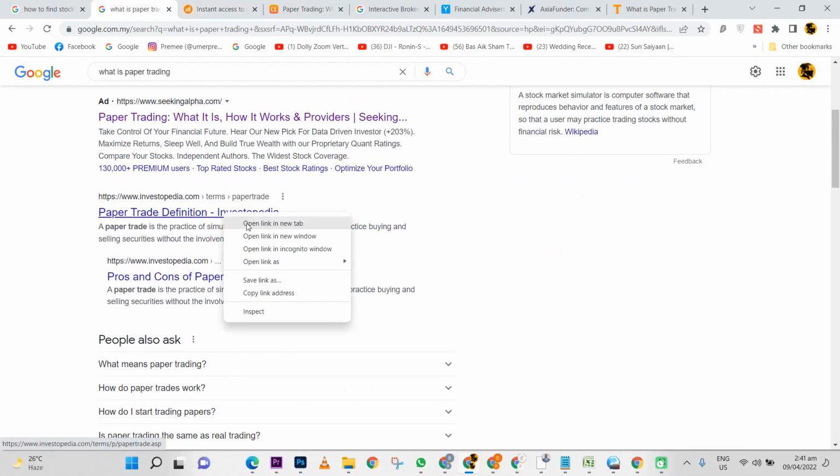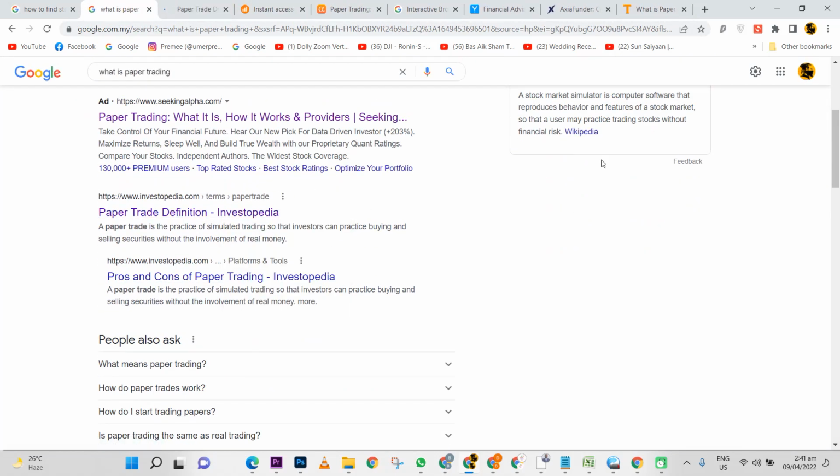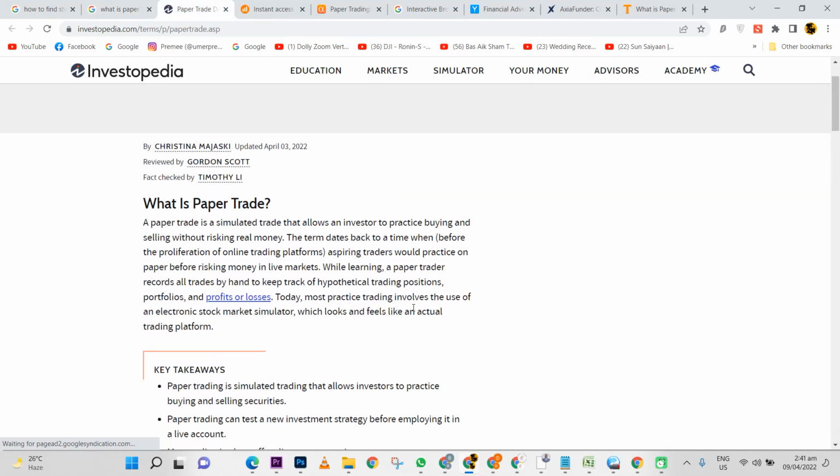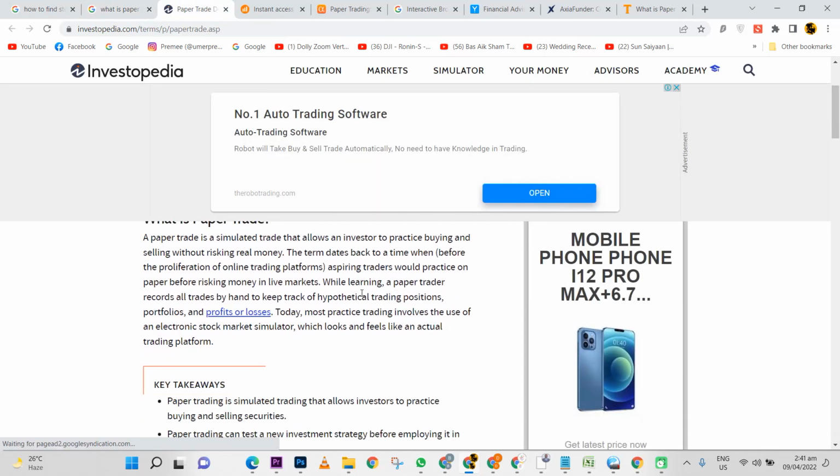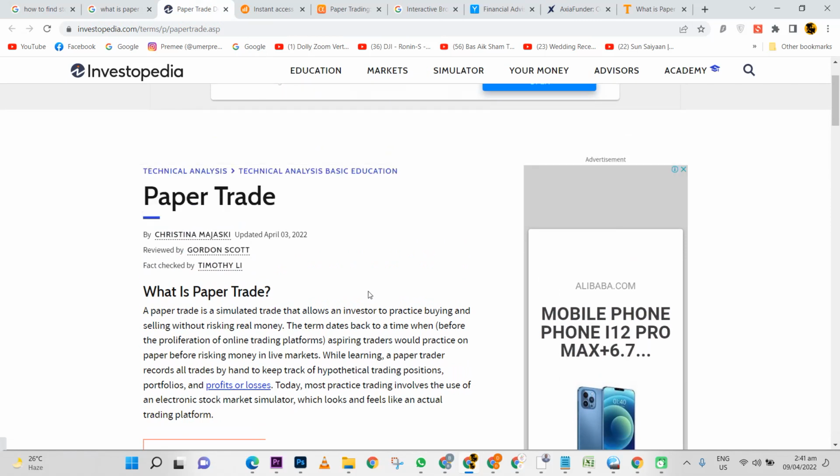So, paper trade definition. If you don't know the definition of paper trade, I will clearly define this. A paper trade is a simulated trade that allows an investor to practice buying and selling without risking real money.